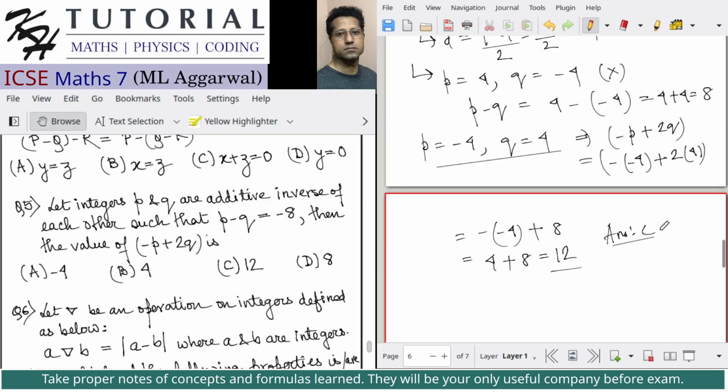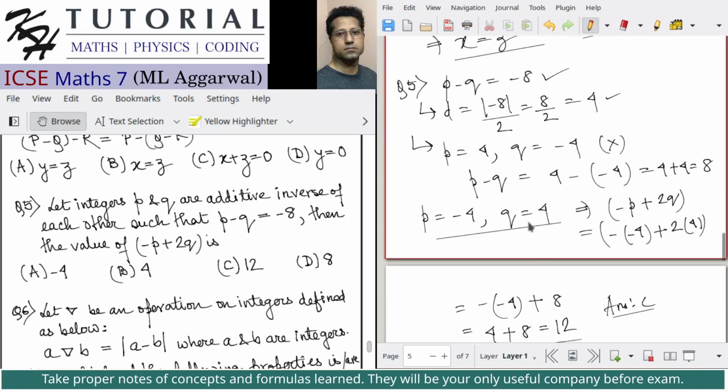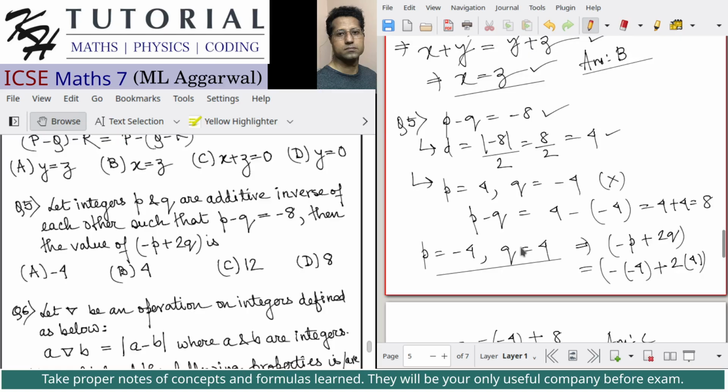So please note that I made a mistake while solving. Initially I thought p will be equal to 4 and q will be equal to minus 4. This is wrong. Definitely up to the step of finding d, that is fine. So d will obviously be the absolute value of k by 2, and the two integers p and q will be, one will be 4 and the other one will be minus 4.